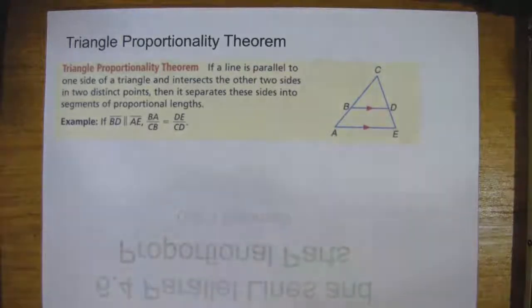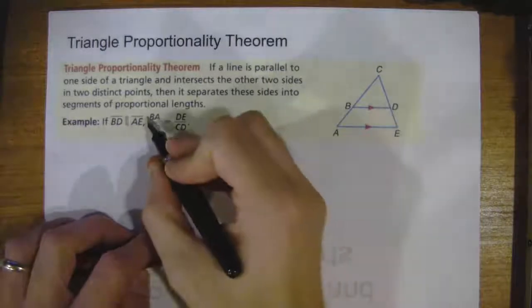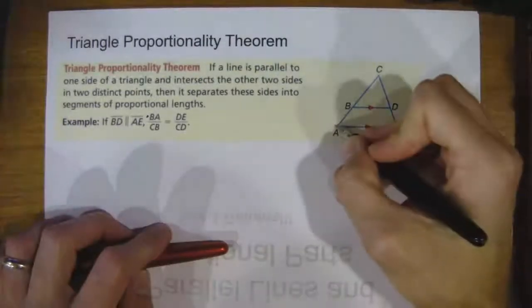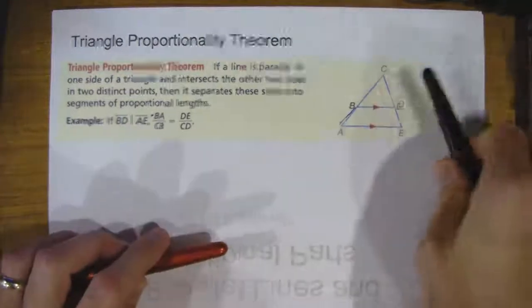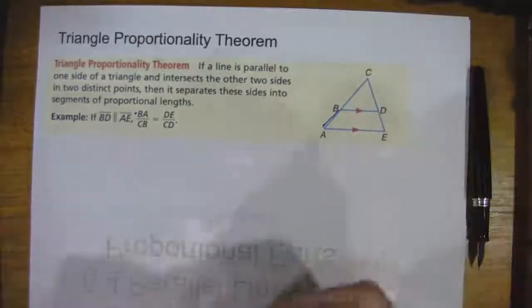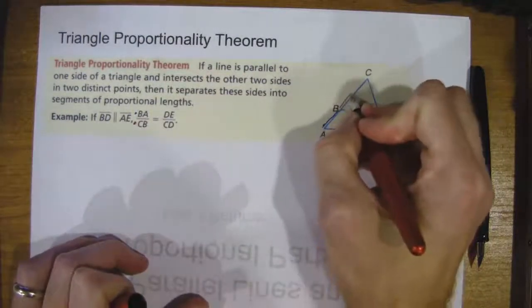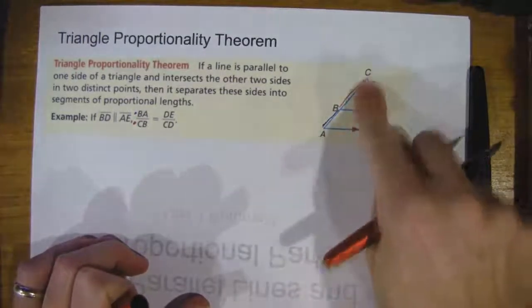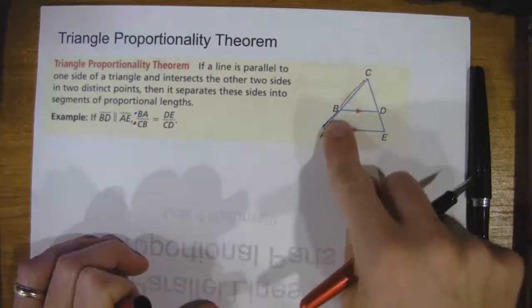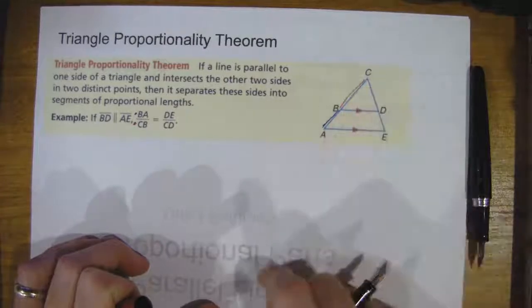Let me grab another pen color here so we can keep up with this. So for example, if I'm looking at BA, here's segment BA, and segment CB, let me color that there, CB. So notice that parallel line has broken this side up into these, we'll call them red and blue segments.